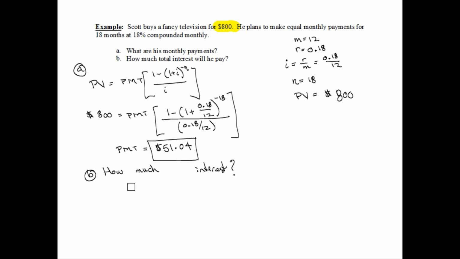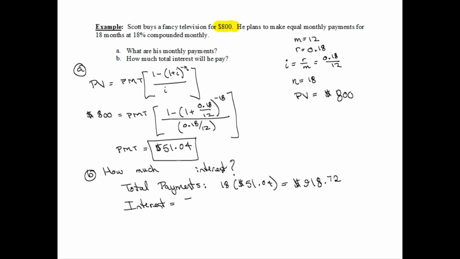So what we want to do is figure out the total of his payments, so that'll be 18 times 51.04. So that would be $918.72.